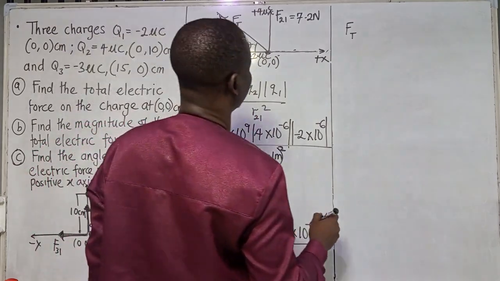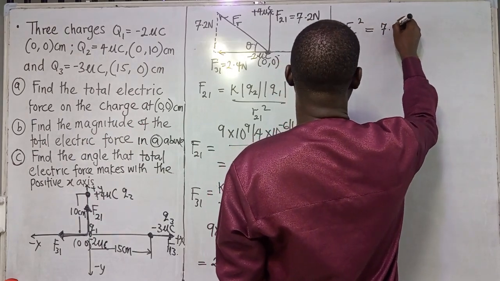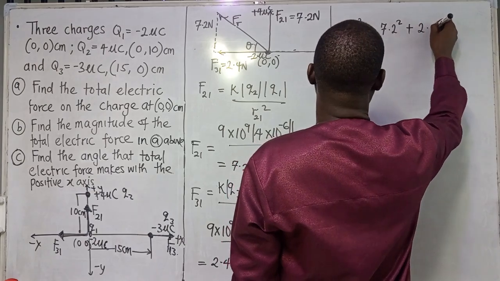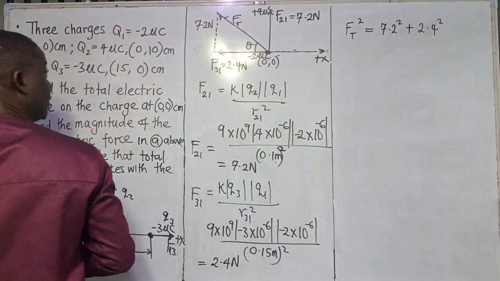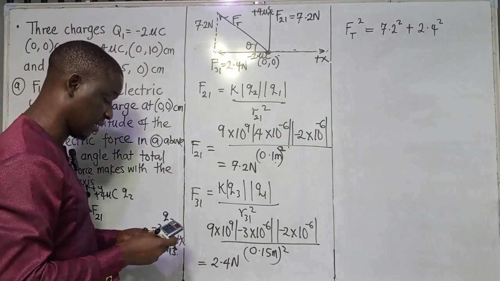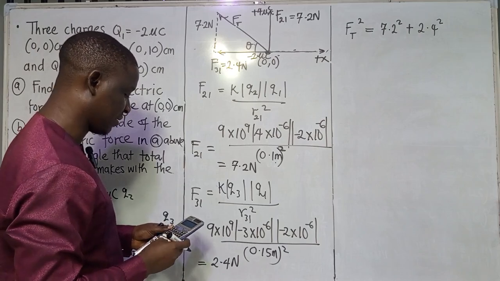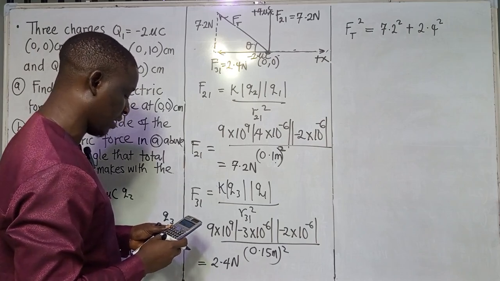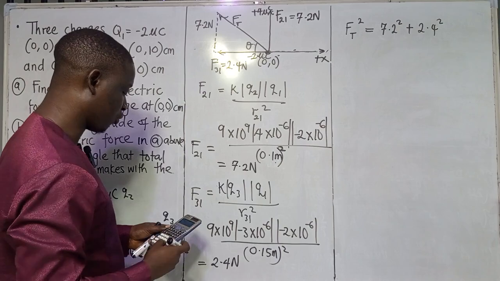So if we want to use Pythagoras theorem, F squared equals 7.2 squared plus 2.4 squared, to get the total force. So we square both sides: hypotenuse squared equals opposite squared plus adjacent squared. That's what we are using.